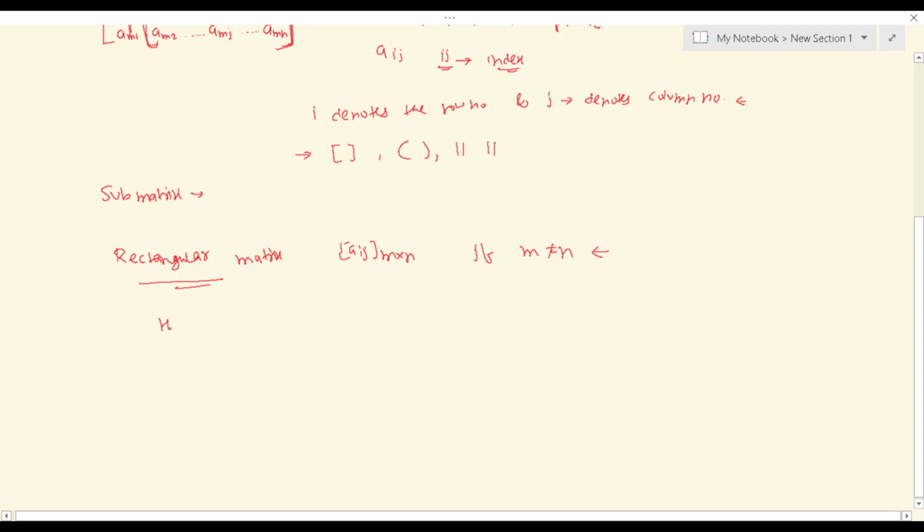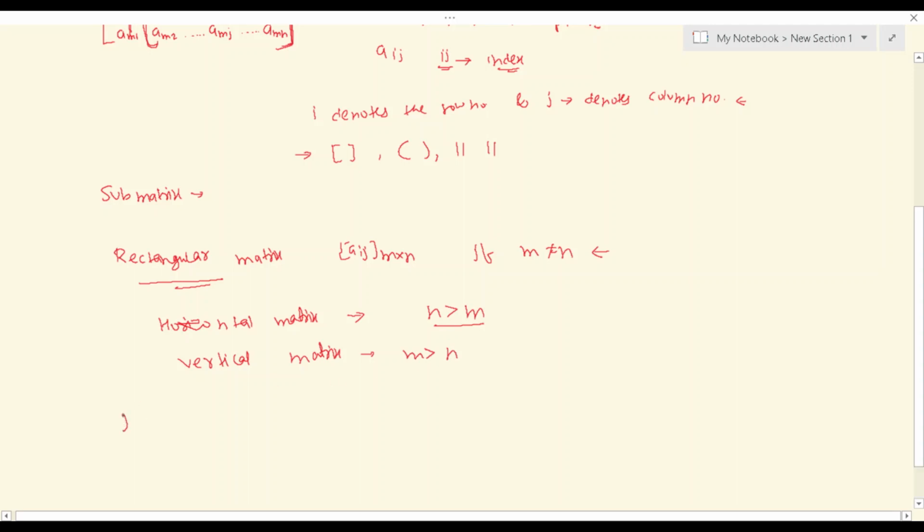And we also define horizontal matrix. For horizontal matrix, n is greater than m. Do remember this, n is greater than m. Similarly we define vertical matrix. For vertical matrix, m is greater than n.